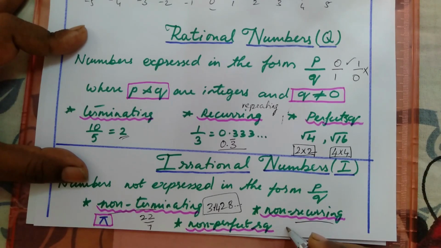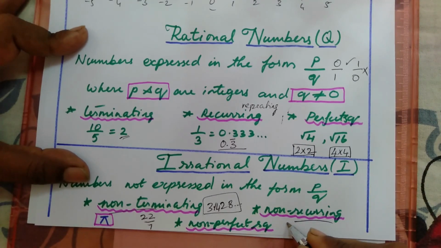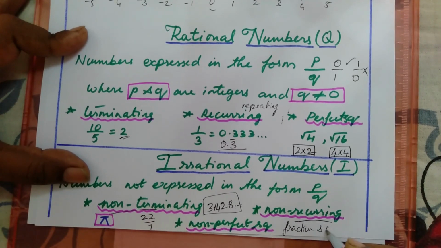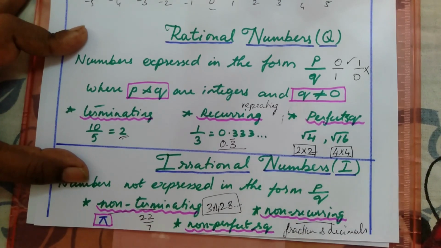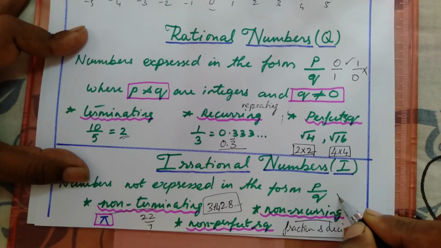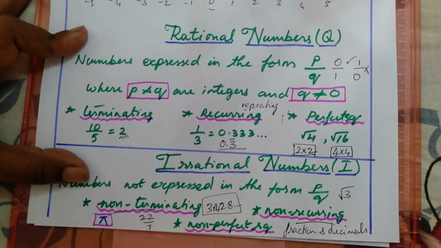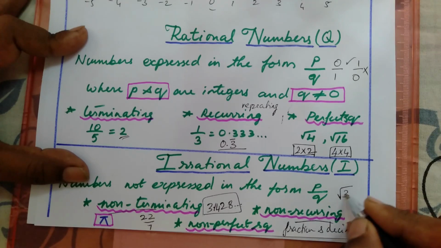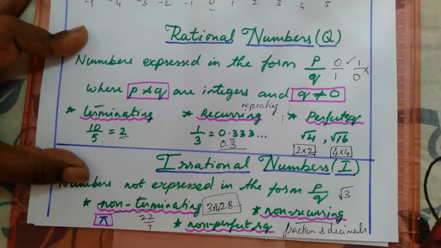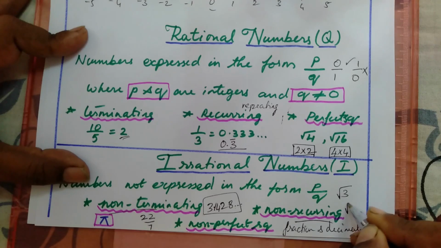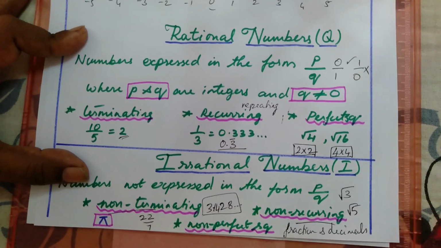Here non-perfect squares are got by squaring fractions and decimals. Fraction numbers and decimal numbers. Okay. So as an example, you can say root 3 is an irrational number because you cannot square any whole number to get root 3. Okay. And root 5. Okay. So you have innumerable numbers.